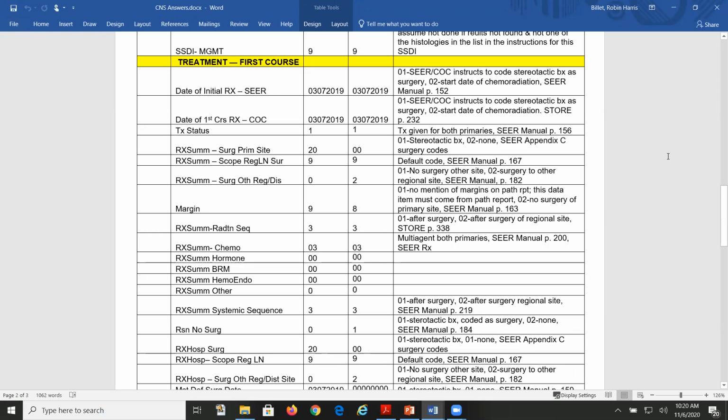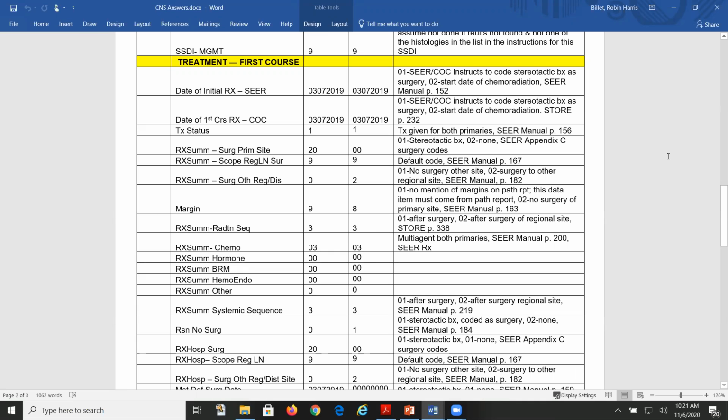So therefore we do code that 3/7/19 surgery date in sequence 2 because we did have the stereotactic surgery of the other regional site, which we collect as code 2 in surgery other regional for sequence 2.